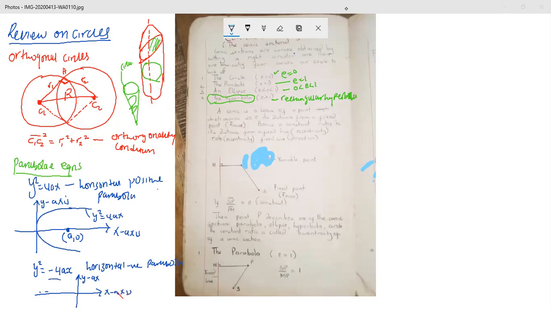This one takes on a shape like this. And this is called the apex. So this one will have the focus here as negative A0. Okay. Then also we have what we call the vertical parabola.